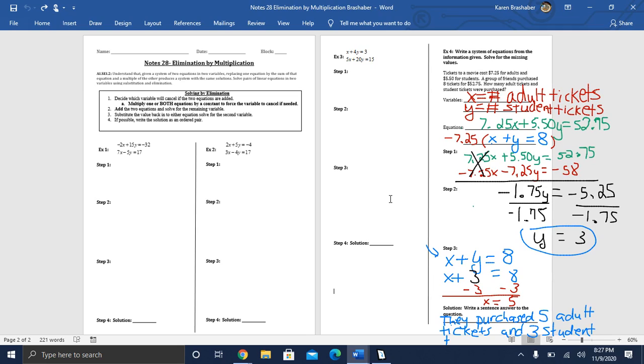And that would be a good sentence answer to the question, identifying each type of ticket. So they purchased 5 adult tickets and 3 student tickets.